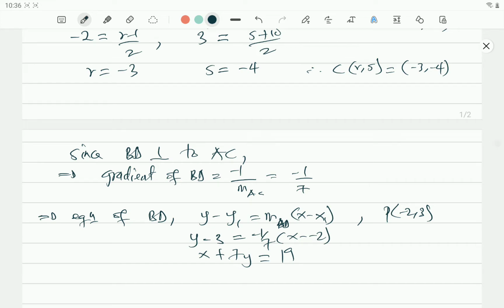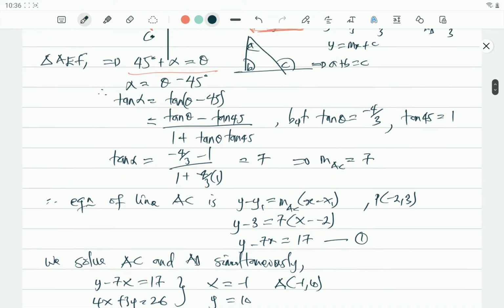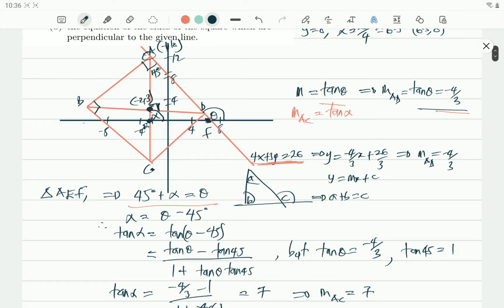And why do we need the equation of BD? Because we can now solve BD and the equation we were given in the question, AD, simultaneously to find D, right?